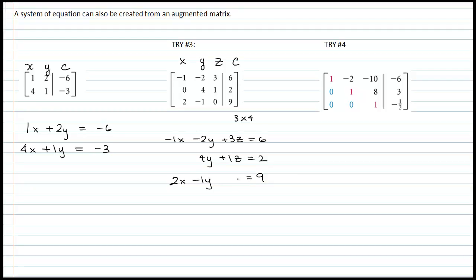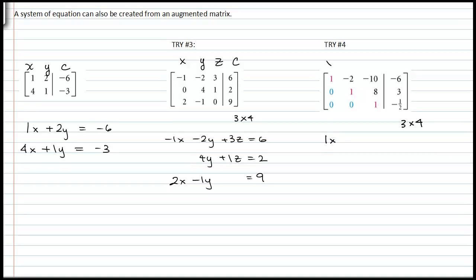With try number 4, go ahead and pause, see what you can do. It is a 3 by 4 matrix again. The rows being a 1, negative 2, negative 10, and negative 6. Row 2 is 0, 1, 8, and 3. The last row is a 0, 0, 1, and negative 1 half. So be able to write it back into a system.